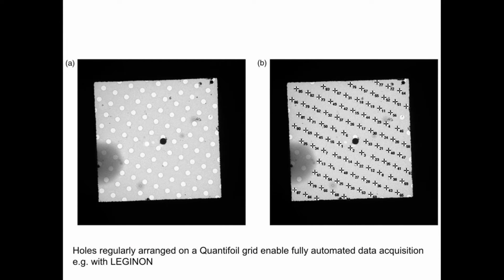Here you see a data collection with Leginon, where the cursor homes in on all these different holes, and these automated data collection systems have a way of determining whether a hole is good or not.